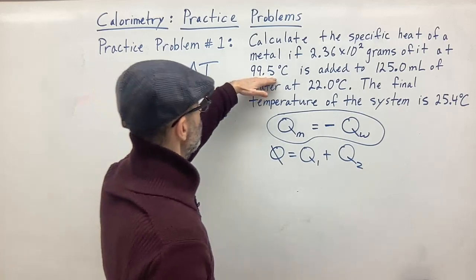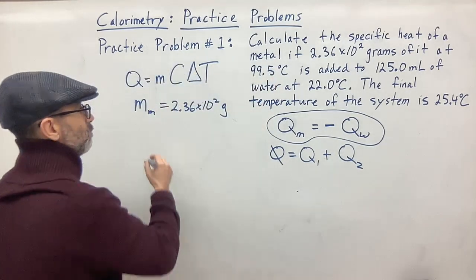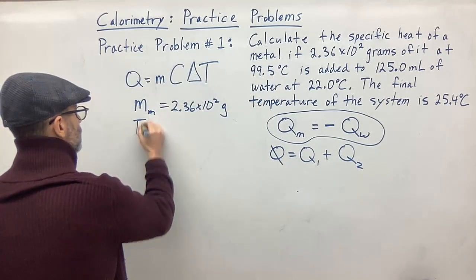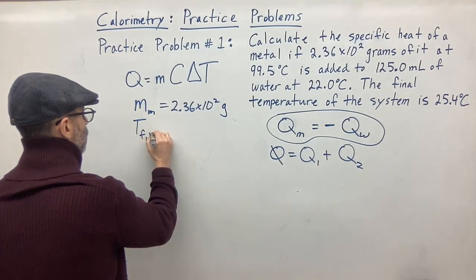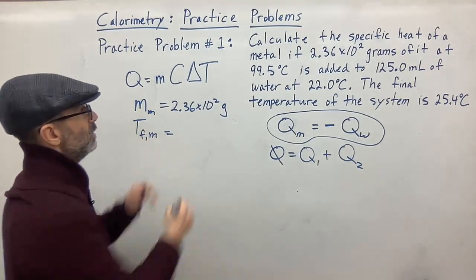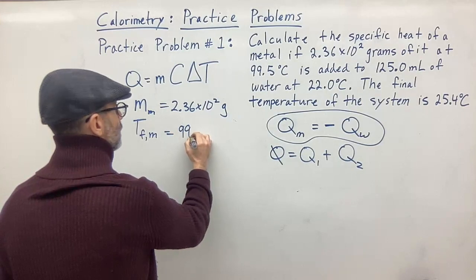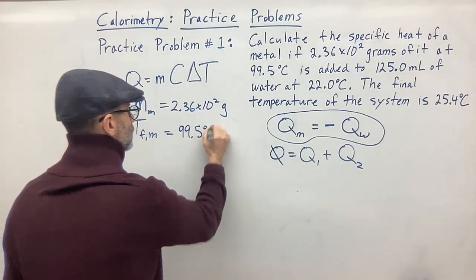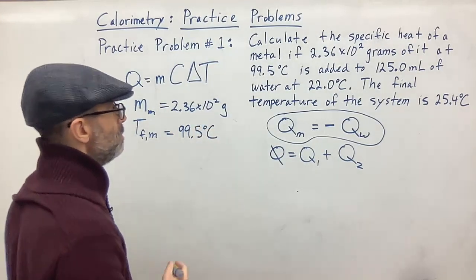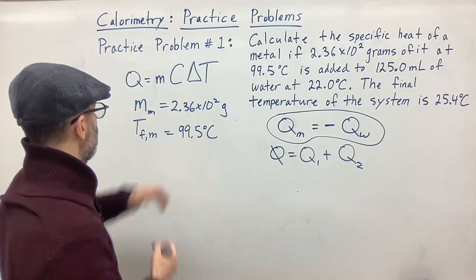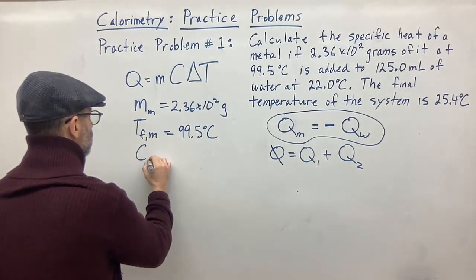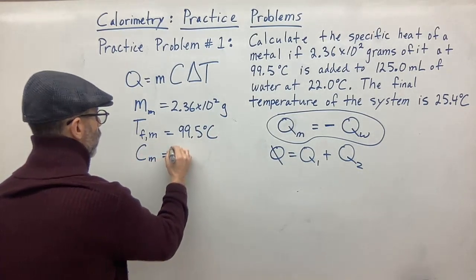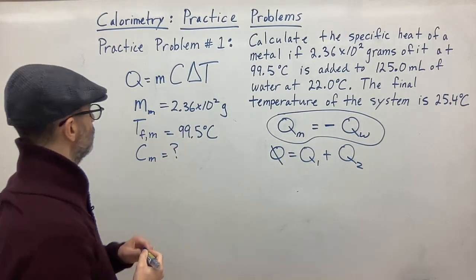And the initial temperature is 99.5 degrees Celsius. So T initial of the metal is 99.5 degrees Celsius, okay? So that's what we have so far. And the specific heat of the metal, we don't know. That's what we're trying to find.